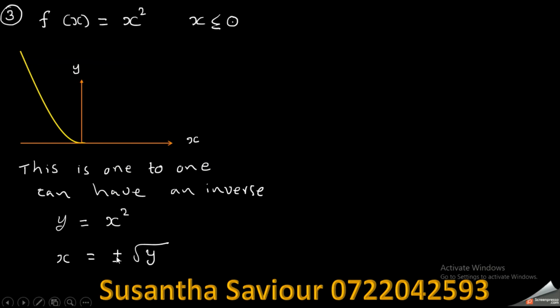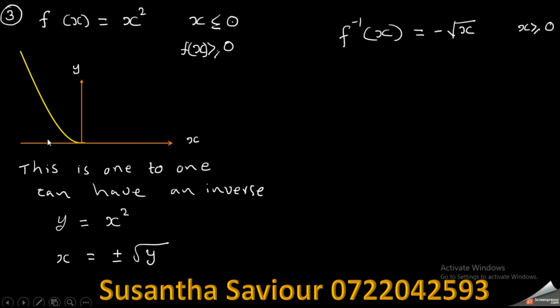Now which sign do you choose, plus or minus? If you look at this, the range of this one is positive, therefore inside this will always be positive, but this domain is negative.